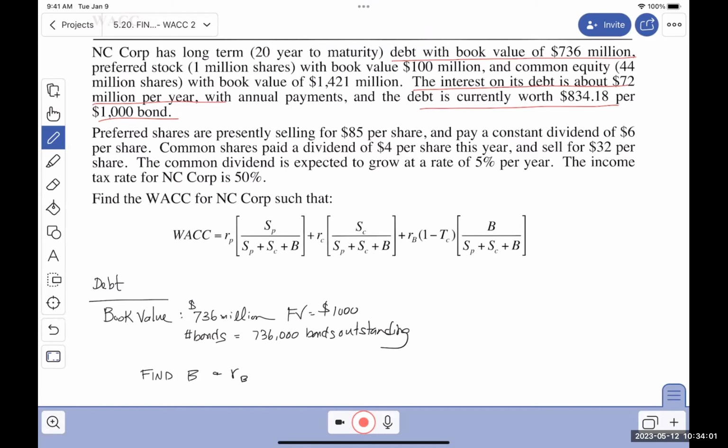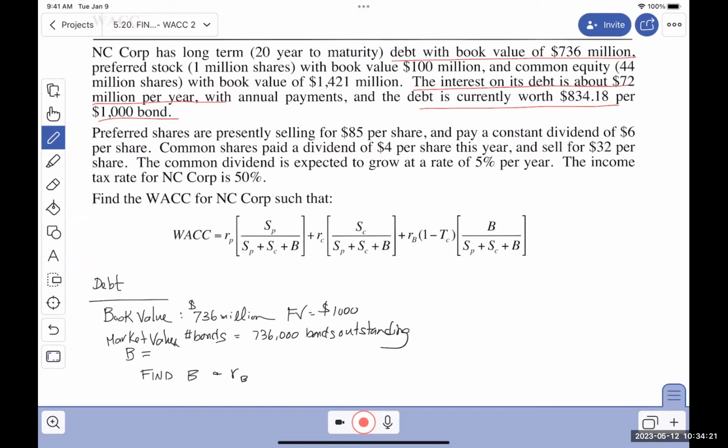You want to find B. So what's B? What's the market value? Market value is B.